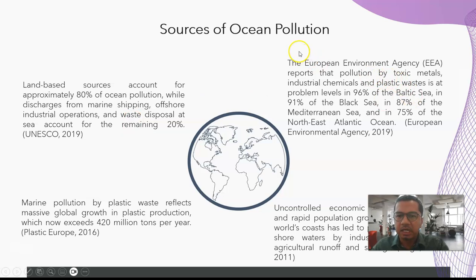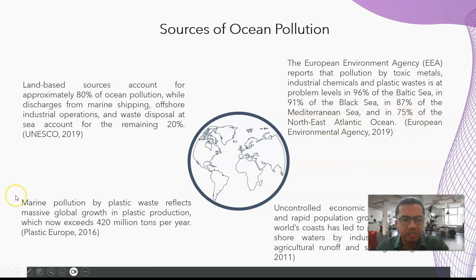Based on a report by the European Environment Agency, pollution by toxic metals, industrial chemicals, and plastic waste is at problem levels in the Baltic Sea, the Black Sea, the Mediterranean Sea, as well as the Northeast Atlantic Ocean.